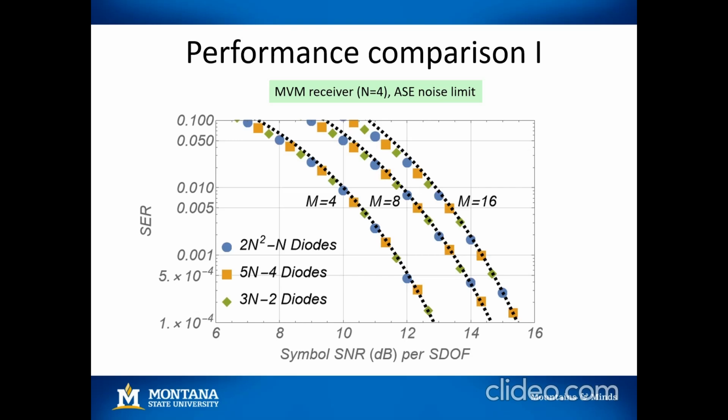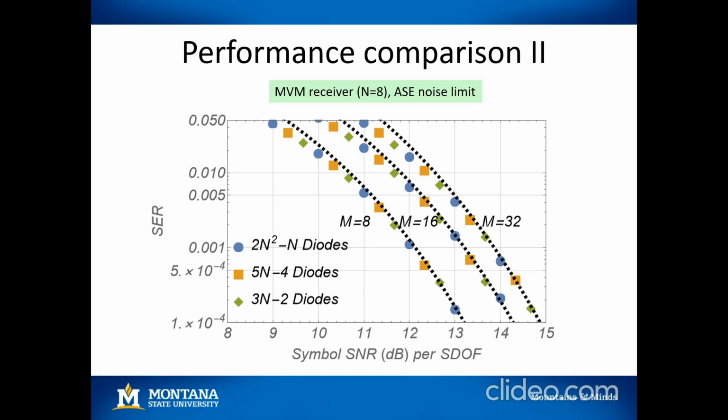And I show here results for different constellation cardinalities, where different color points indicate different types of receivers. We notice that the improved receiver design has the same performance as the original receiver design that uses a lot more photodiodes. And we've verified the results for the case of a quad-core fiber.